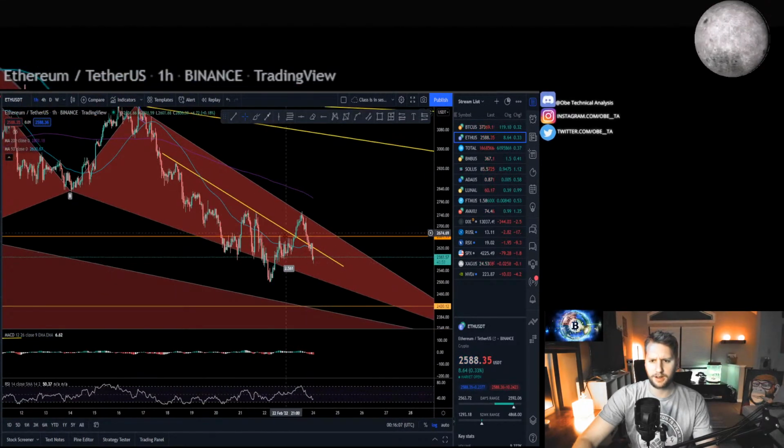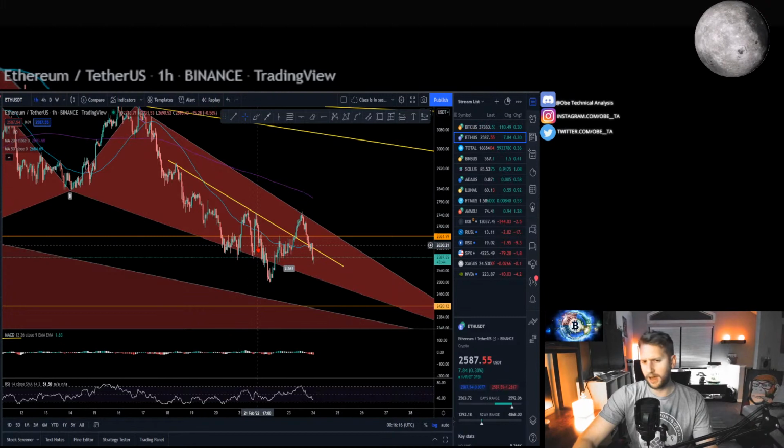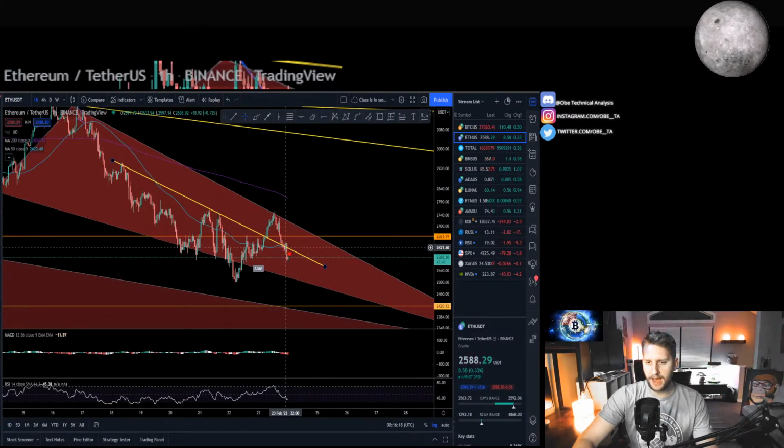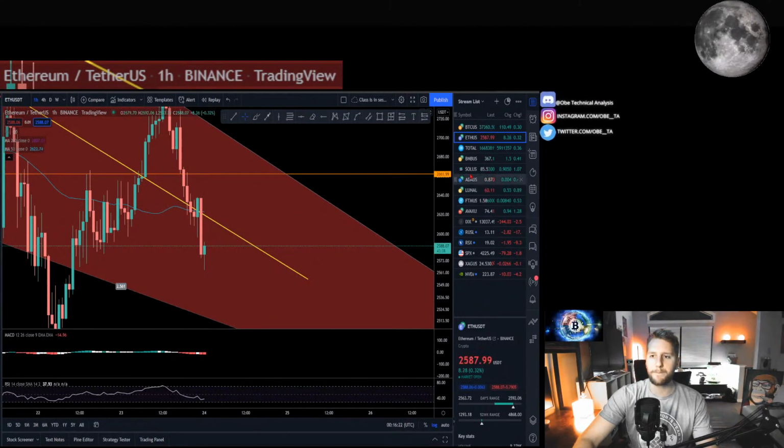This has been touched a couple times, broke out of this trend line. We could even move it down a little bit, it gets the 3 touches, right? So this little local trend line that we had on the hourly, it broke out of it earlier today, broke out of it for a little while before dumping back below.